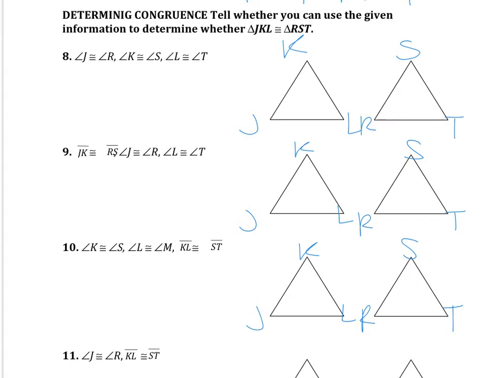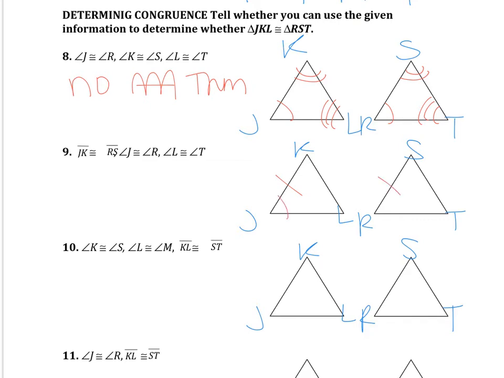So I'll mark them in a different color this time. So I have angle J with R, K with S, L with T. And that's angle, angle, angle, and we don't have an angle, angle, angle theorem.